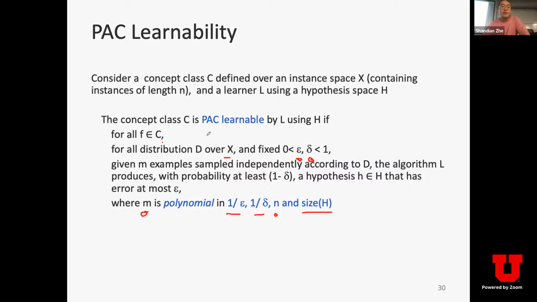Then we say this type of target function C is probably approximately correctly learnable by your learning algorithm L.